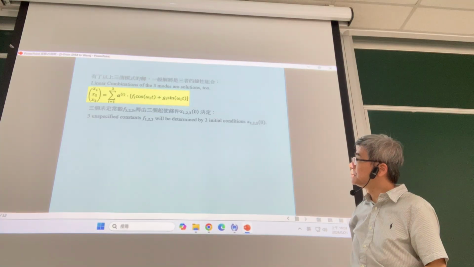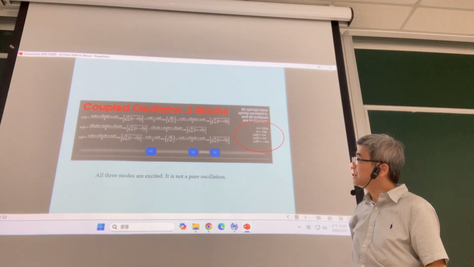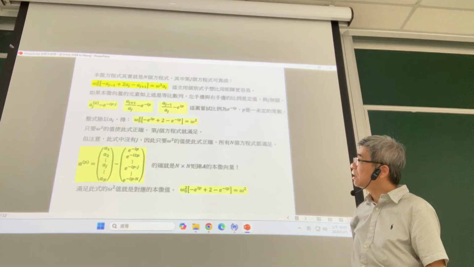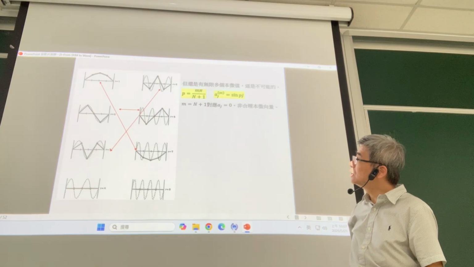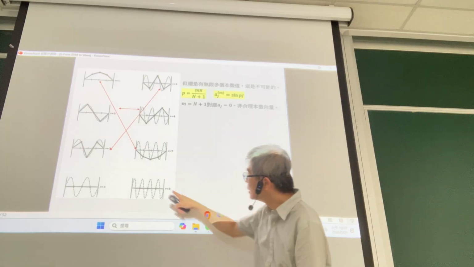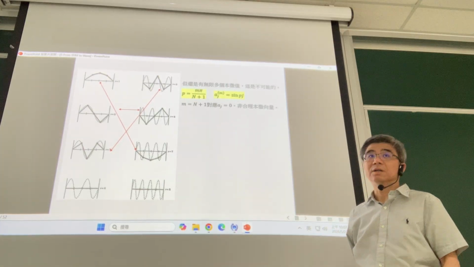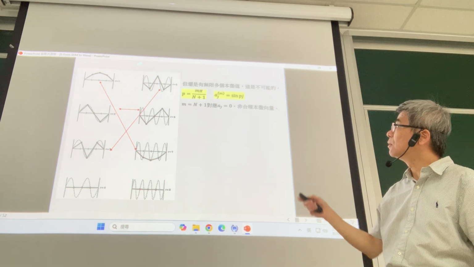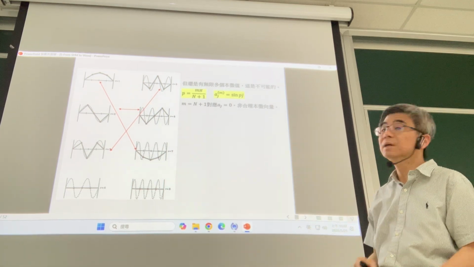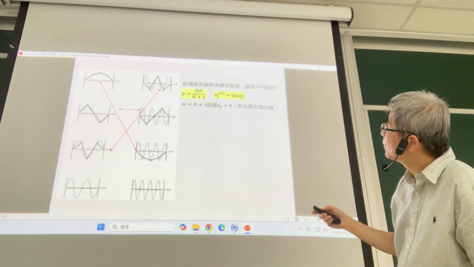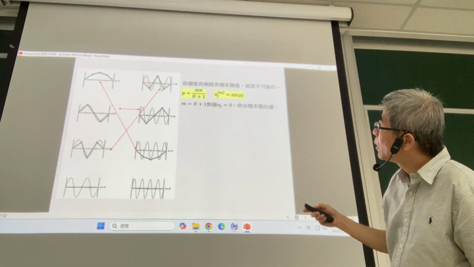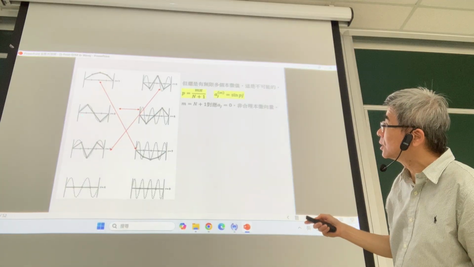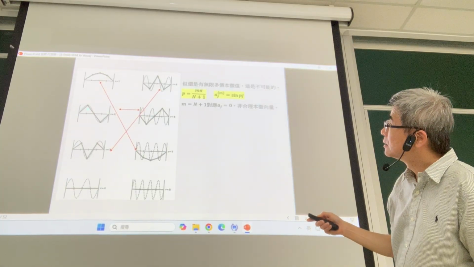So here, for the case of n equal to, I think it's 8, it's 8 particles. So there are modes 1, 2, 3, 4, 5, 6, 7, 8. And then it's 4 particles, 1, 2, 3. So it's an n equal to 4 system.